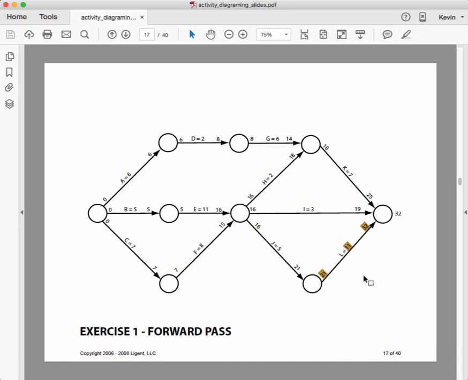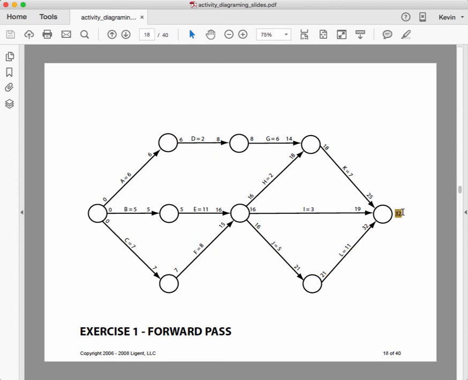Far and away, the highest of those is 32. And so the amount that we take across the other side is 32. So the 32 is the early finish for the project. Okay? That is the earliest we can possibly get it done, 32 days. All right.